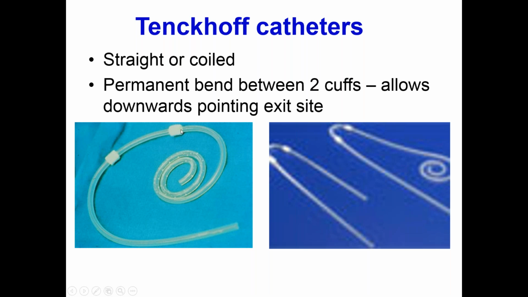You'll also see the cuffs here and the importance of the cuffs, which we'll talk about in a minute. There is usually a permanent bend between the two cuffs, which allows the downward pointing exit. This memory of the plastic allows it to keep its shape and its configuration, and is one of the most important factors in firstly allowing you to have a downward pointing exit site, and secondly in maintaining that.